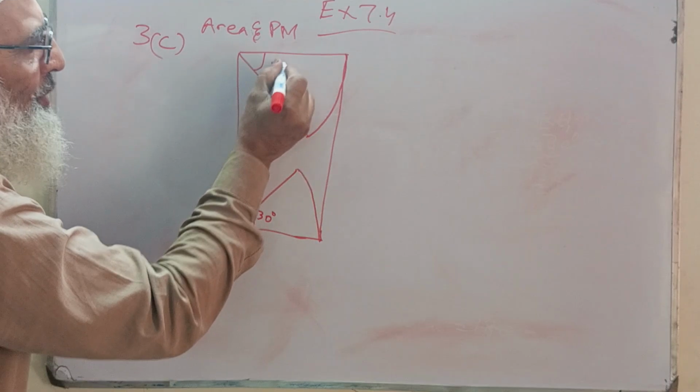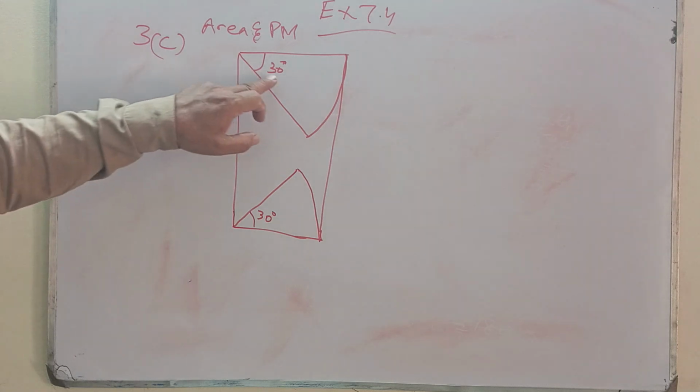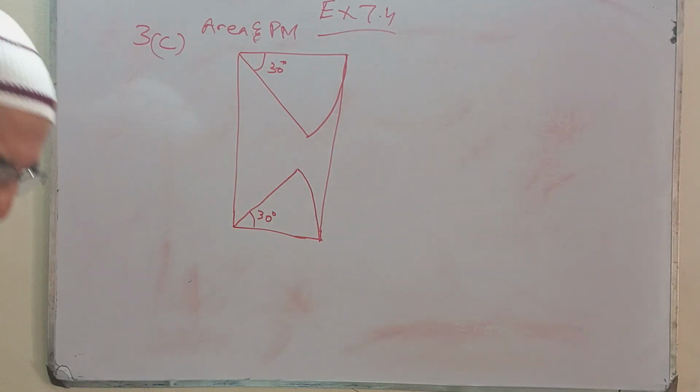I may tell you that we can also find the area and perimeter of circular things in radians. But I don't know whether you have been taught radians or not. I'll tell you what radians are when the exercise is finished. Now this is a 30-degree angle.